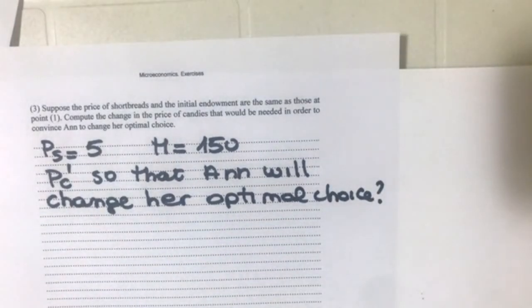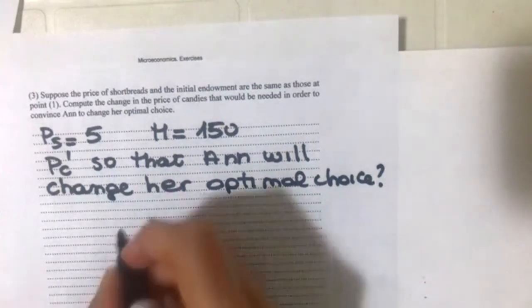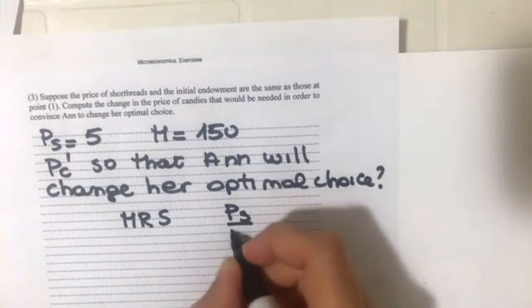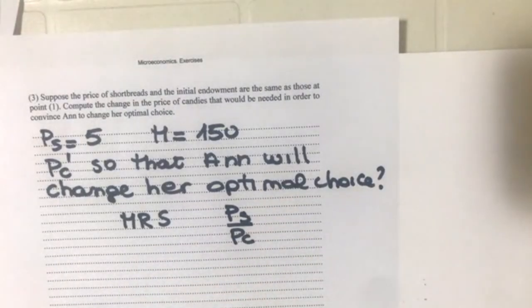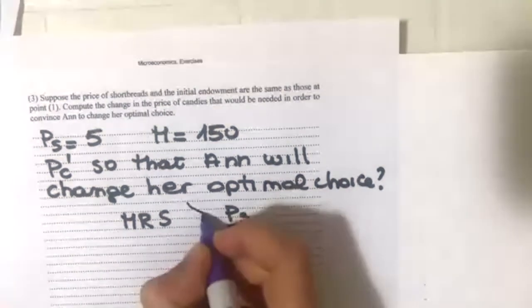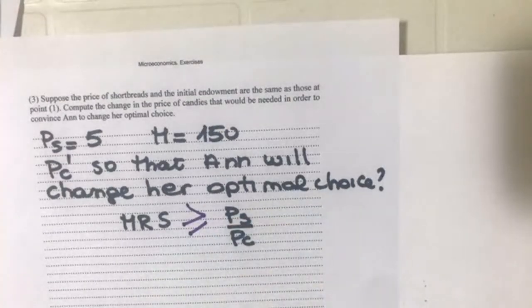So again, they are still perfect substitutes. So what we do is compare the marginal rate of substitution with the price ratio, as we have done. But now, if N needs to change her optimal choice, I want this MRS to be no longer lower than the price ratio, but I want it larger or equal to the price ratio.